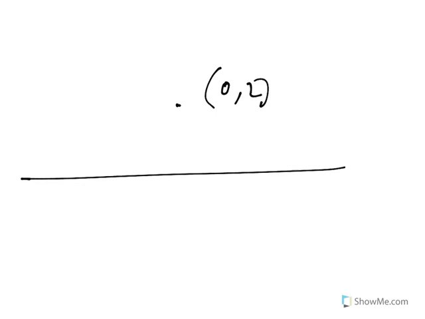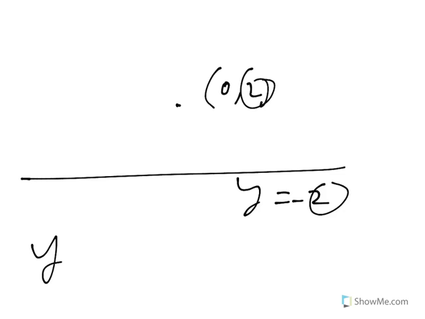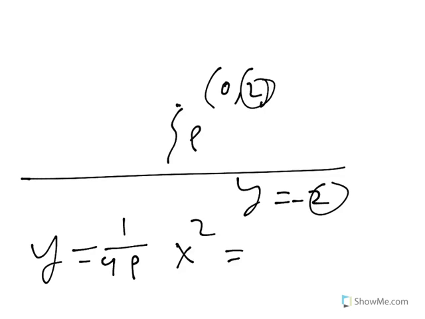And this means we have a shortcut. If I give you a question like this, where I say this is (0, 2), and this is y equals negative 2. As long as these numbers match up, you can say the formula is y equals 1 over 4p times x squared. But p is 2 in this case, so it's 1/8 x squared.